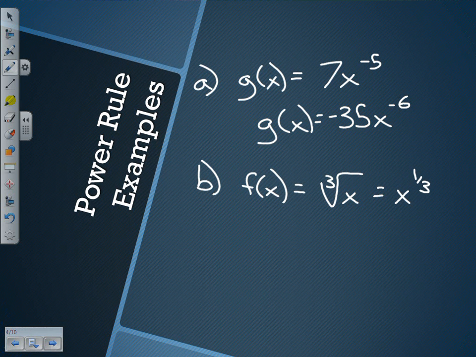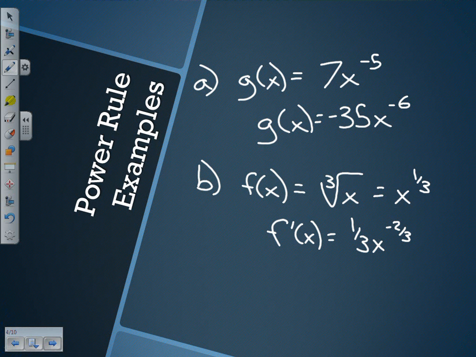So if it's not, make it so it is. Radicals, you can always rewrite as powers. Whatever root you're taking is your denominator, whatever exponent that has is your numerator. Now take the derivative. So f prime of x is going to equal 1/3 x to the negative 2/3.